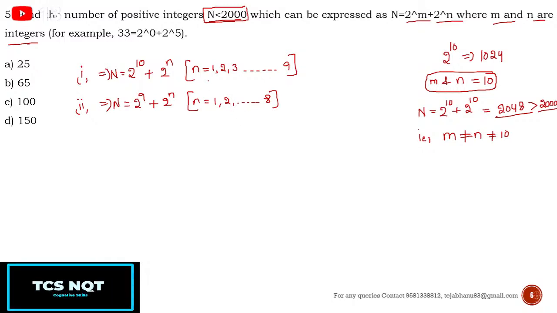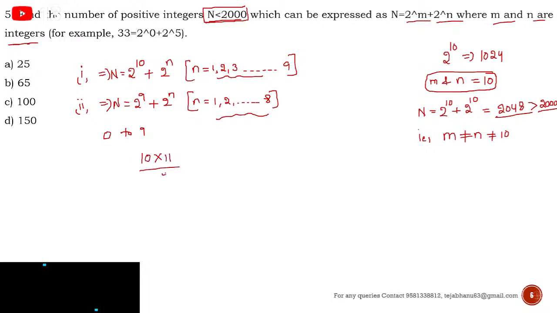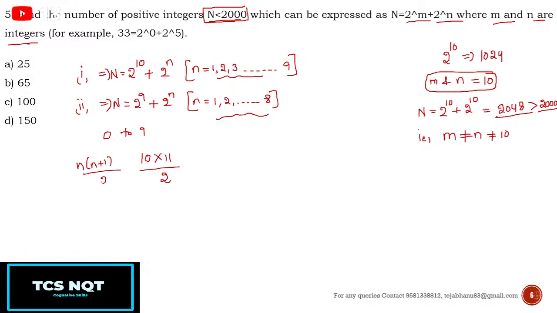How is it? This is the sum of n natural numbers, right? Total, 0 to 9, there are 10 numbers. So n into n plus 1 by 2, 10 into 11 by 2, 5 elevens are 55.